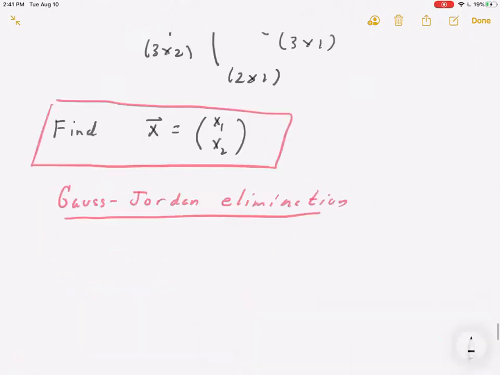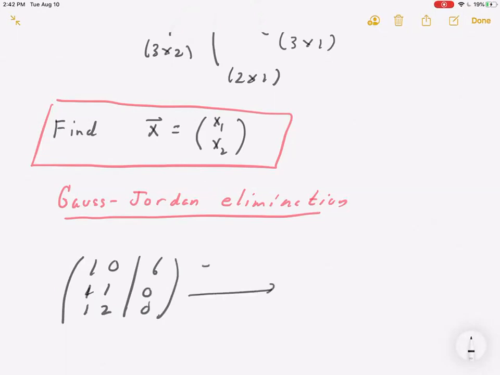For more complicated problems, you have to do this using Python or Mathematica or MATLAB, or if these matrices are huge, then on some type of supercomputer. Okay, so the augmented matrix looks like this. It's a 3-by-3 matrix, sorry, misspoke.